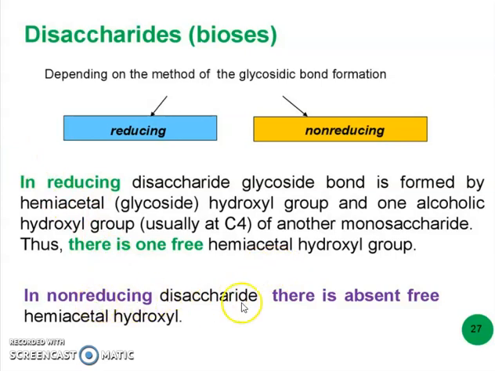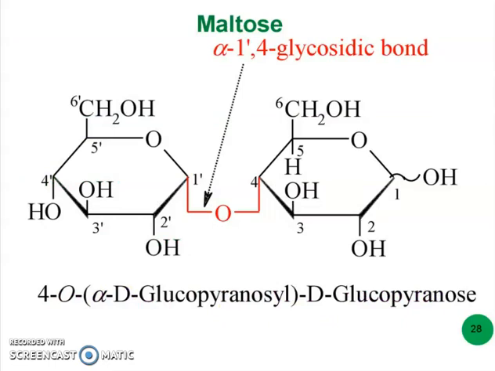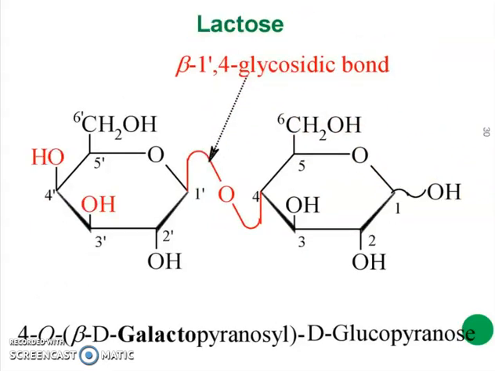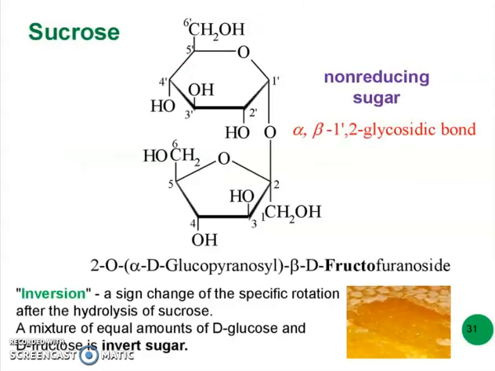In a non-reducing disaccharide there is an absence of free hemiacetal hydroxyl. So maltose, you can see this is the reducing, non-reducing. This is the structure of lactose. You can see the structure of sucrose, an alpha-beta 1,2 glycosidic bond, a non-reducing sugar.